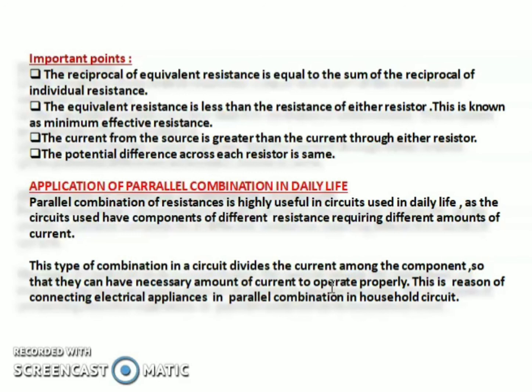In parallel connections, if one fault is there, it will not affect the others, but in a series connection, if one appliance has a fault, the whole series will break. So this is the advantage of parallel over series combinations.